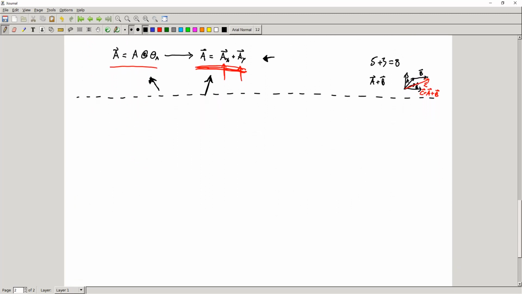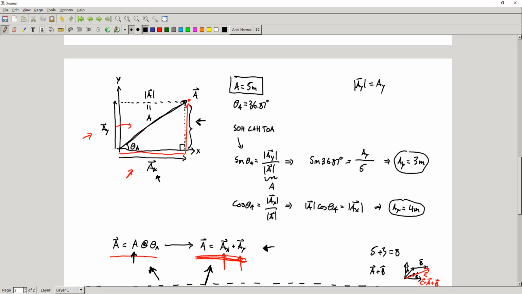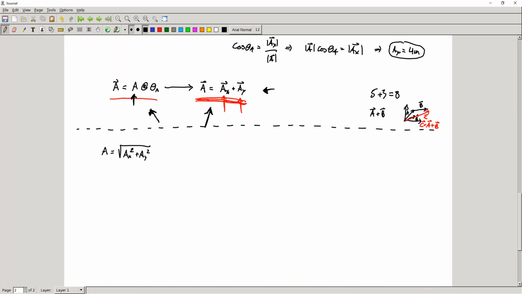And so if we want a, the magnitude of our vector a, all we need is to take the square root of ax squared plus ay squared, right? Going back to our drawing, that's just the magnitude of this value squared and the magnitude of ay squared, and then take the square root, obviously.